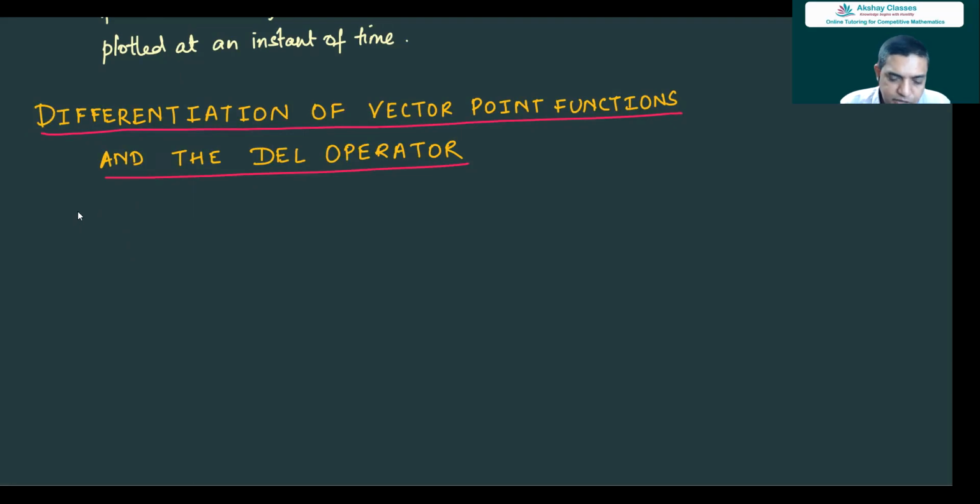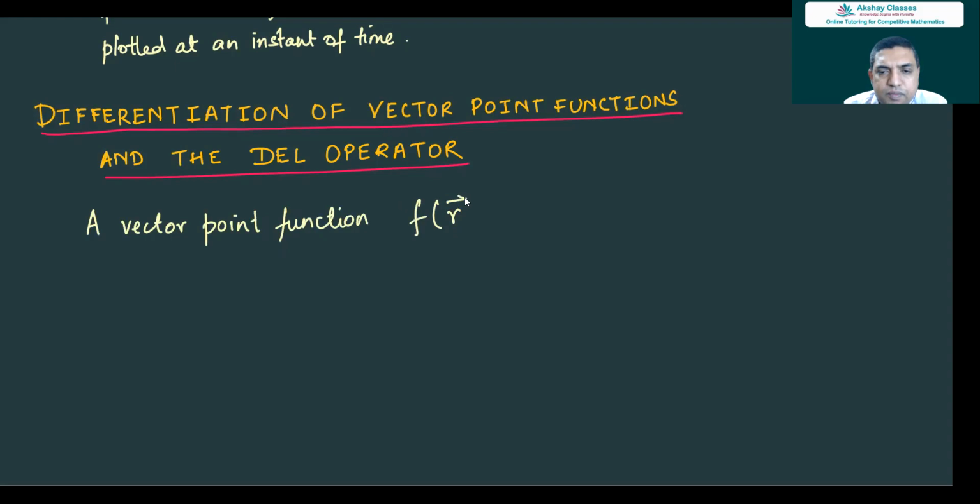So consider a vector point function F of r bar, where r is the position vector. We can also write this as F of x, y, z.